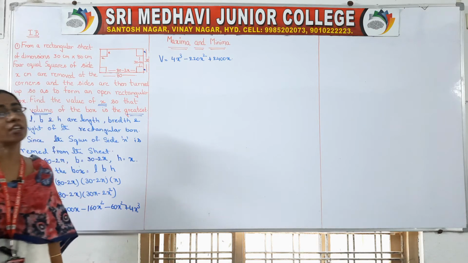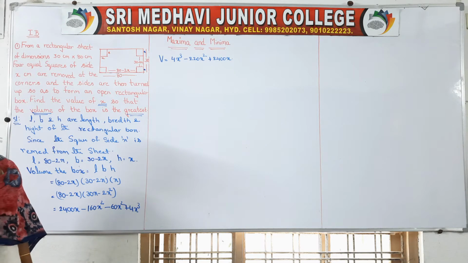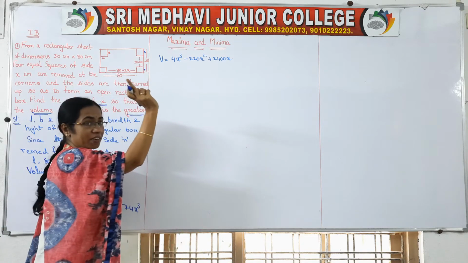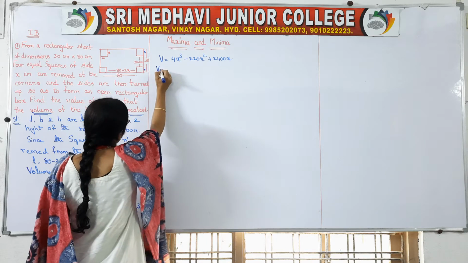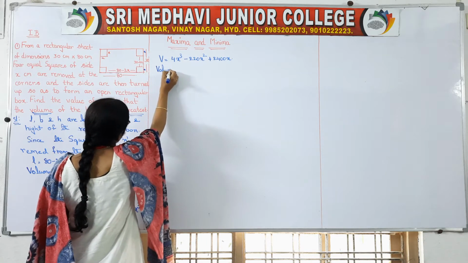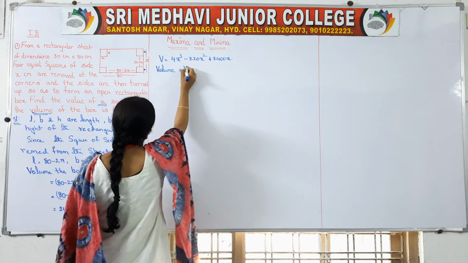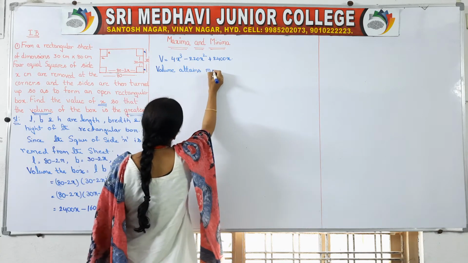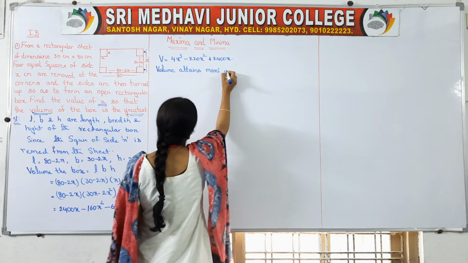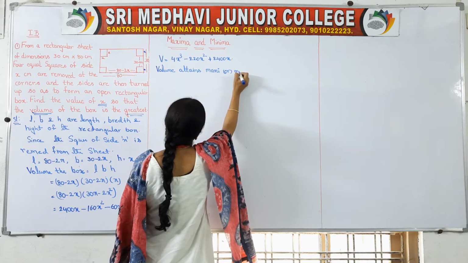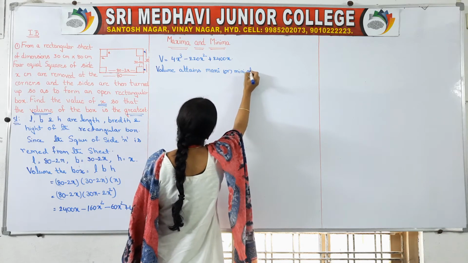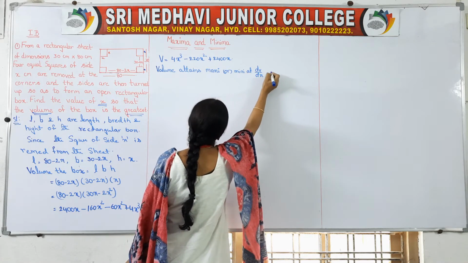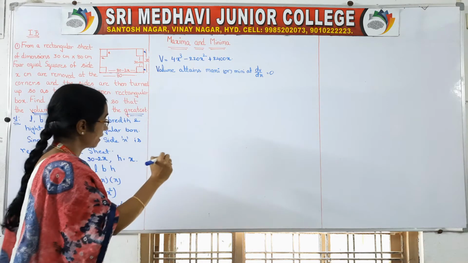So when do we get the function as maximum or minimum, at which point? First derivative, right? So volume attains maximum or minimum at dV by dx equal to 0, the first derivative.